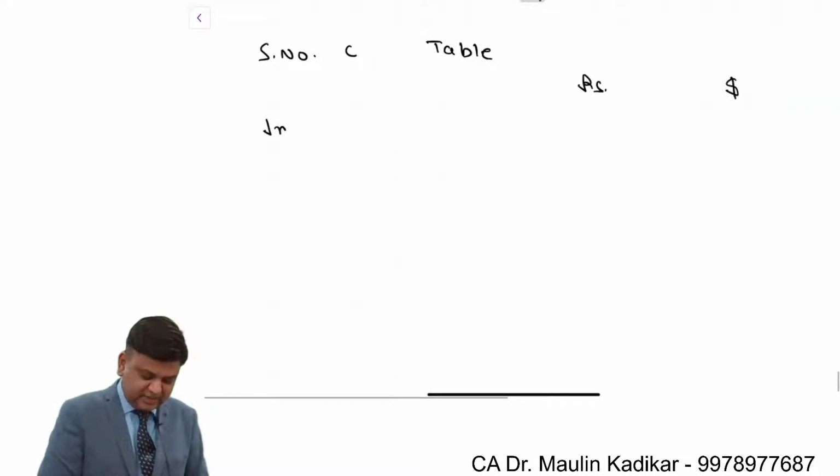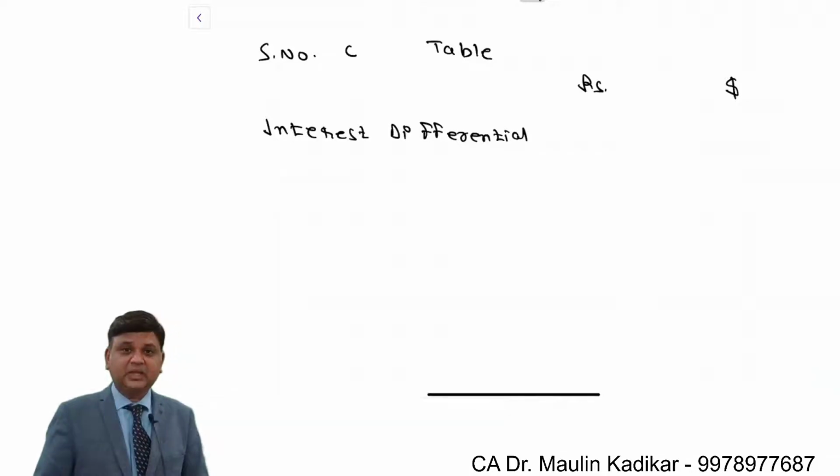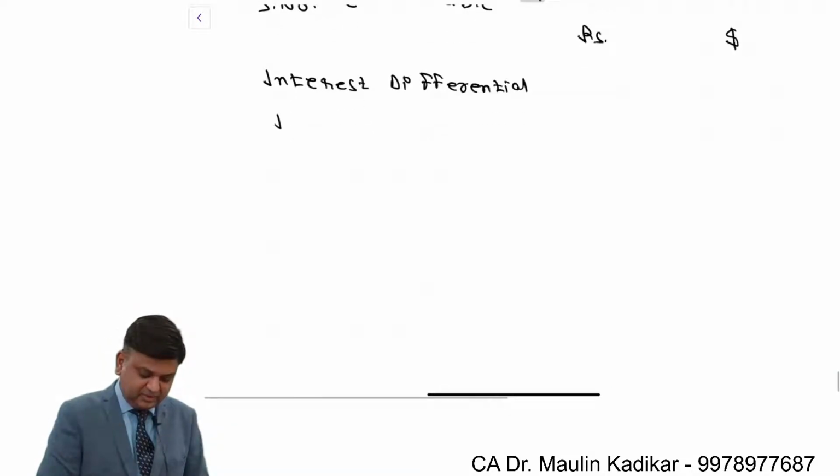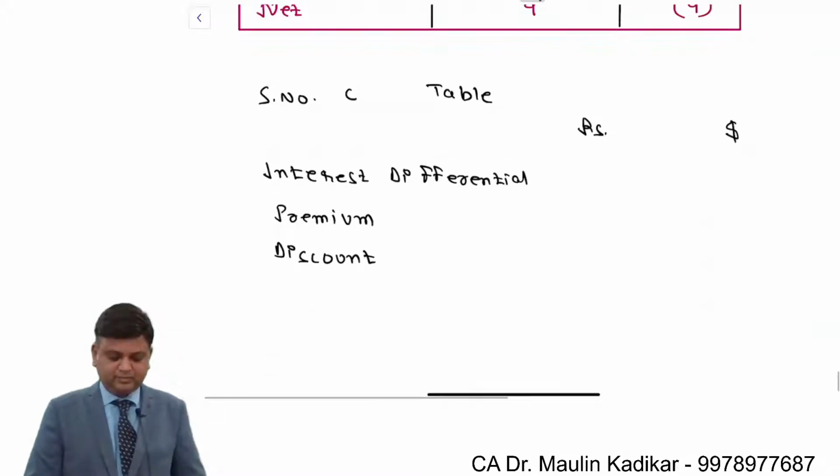The first thing that we will have is interest differential. The second thing that we will have is premium. And the last that we will have is discount.